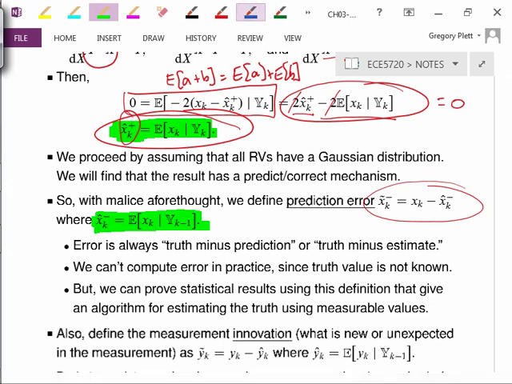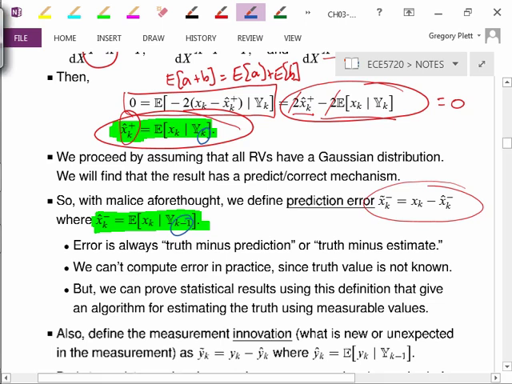Notice the only difference is what I'm conditioning on. The estimate uses all available data, the prediction uses all past data. Again, error is always truth minus prediction or truth minus estimate. We can't compute the error in practice because we don't know the truth. If we did know the truth, we wouldn't need a Kalman filter, we'd just use the truth. But we can prove statistical results and come up with an algorithm, and that's what our objective is here.